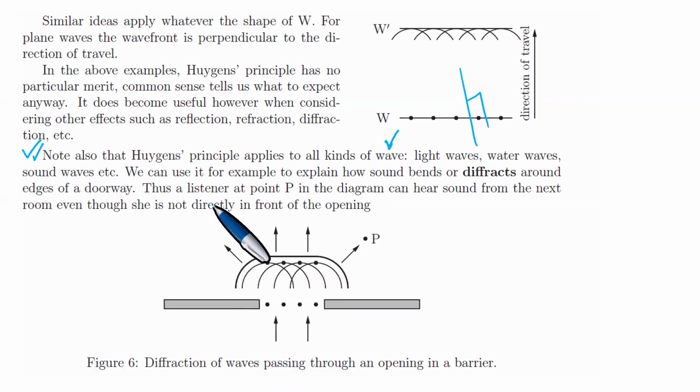Thus, a listener at point P in the diagram can hear sound from the next room, even though she's not directly in front of the opening. Here's the listener at point P, and here's the doorway, and this person is able to hear the sound. Diffraction of waves passing through an opening in a barrier.